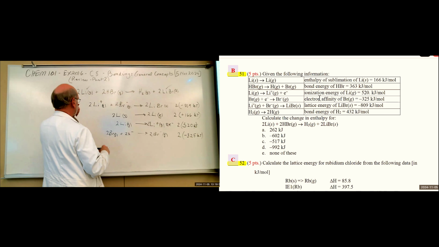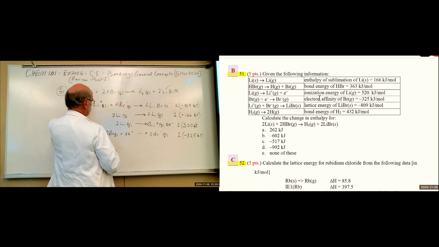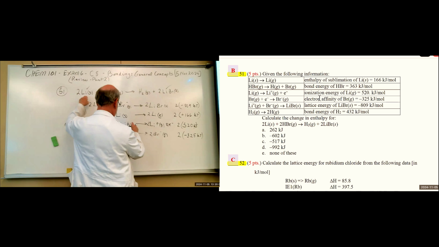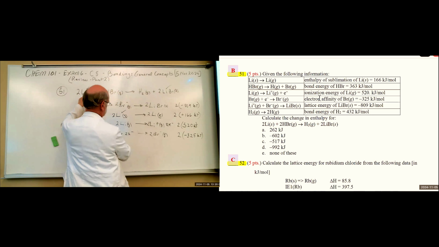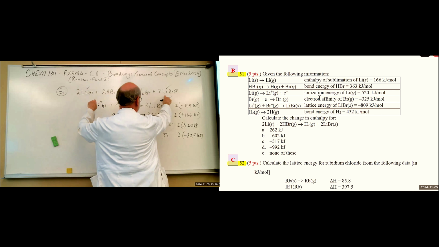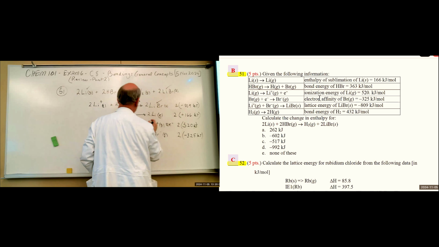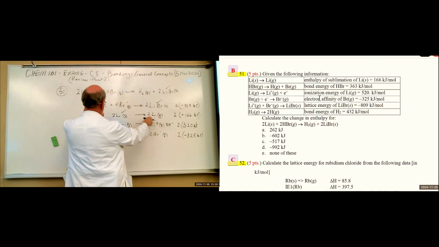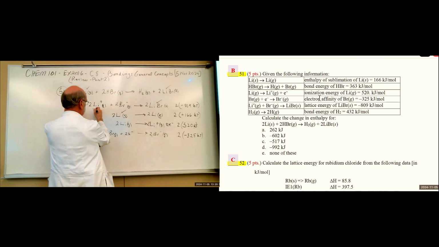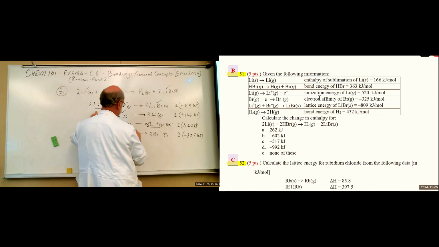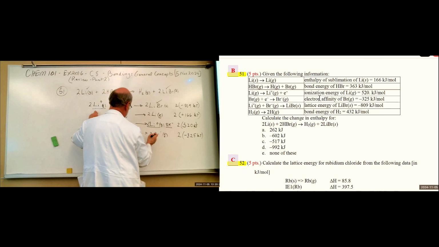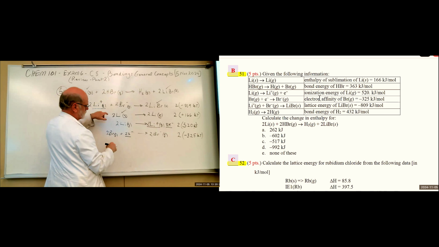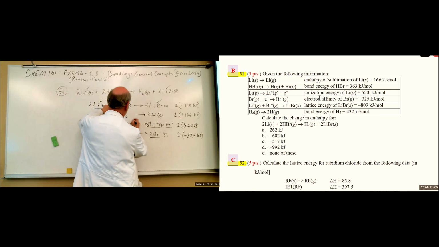So let's see. We're keeping this one here. And we're keeping this one here. And this one cancels out. These electrons cancel out. I'm just checking myself up to this point. This bromide is taken care of there.